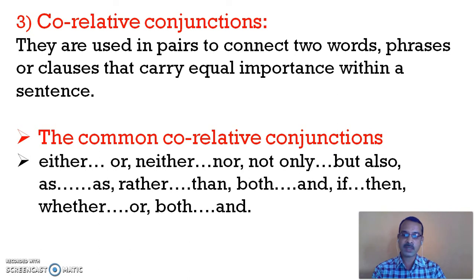So here the relationship between these two clauses is of option. What is option? Either this or that, neither this nor that, not only but also. That means there will be at least two objects, two things, two people for comparison or in the option.